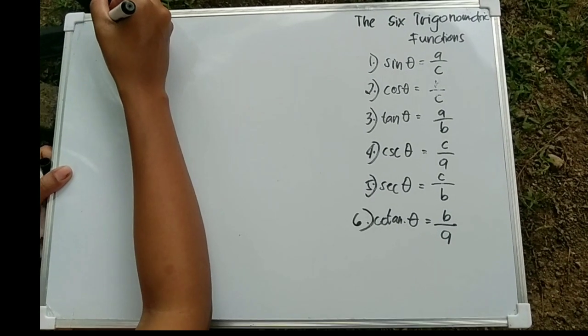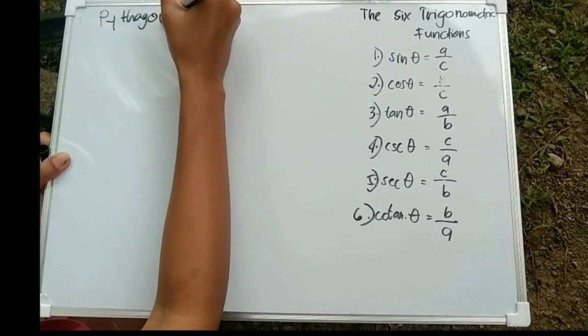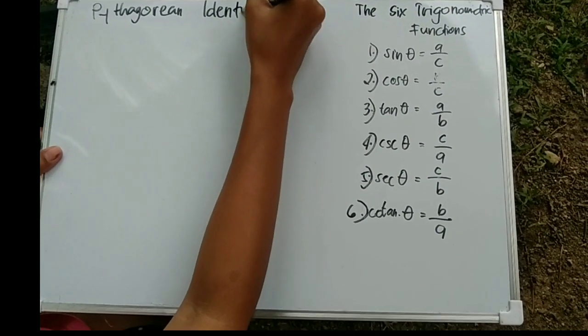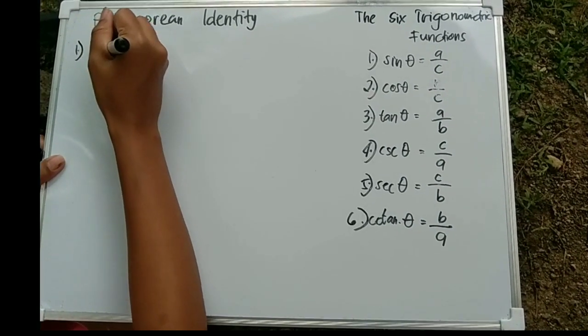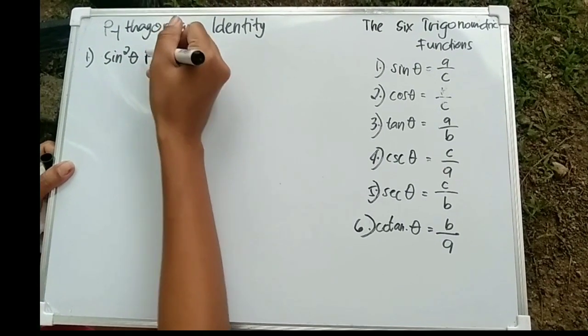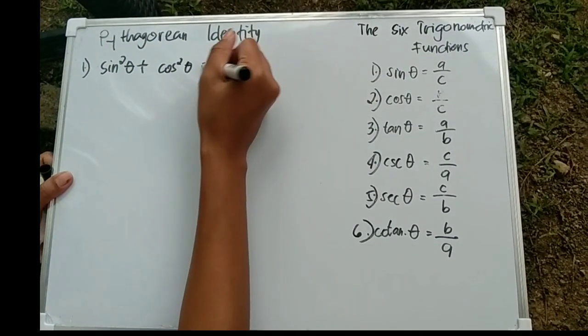So now, let us proceed to the Pythagorean identity. We have number 1: sine squared theta plus cosine squared theta is equal to 1.